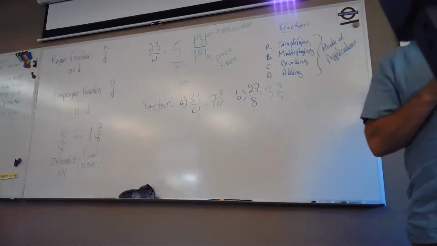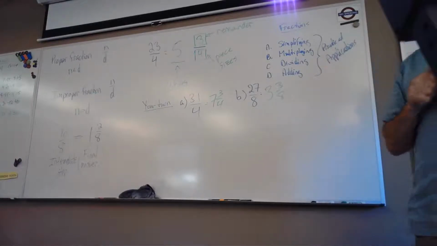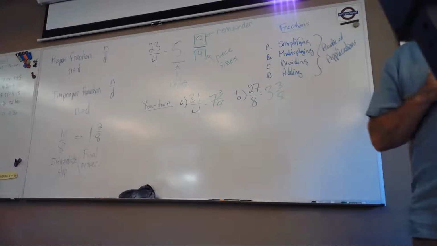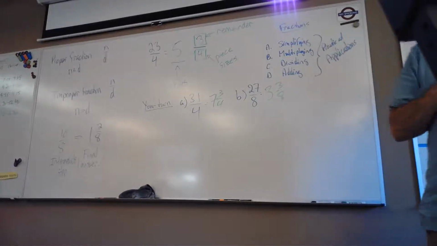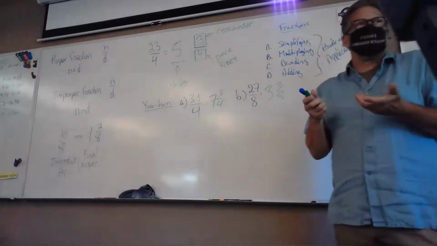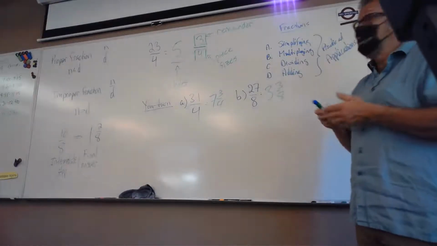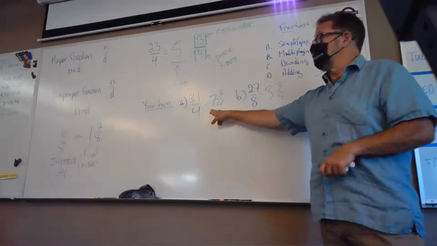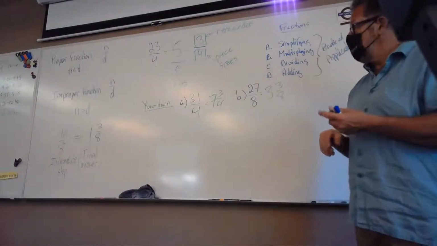Ethan, you've got a frowny face on from what I can see. My fault. Just checking your own answer? Okay. Yeah, 8 into 27, 3 times remainder 3. 4 into 31, 7 times remainder 3.